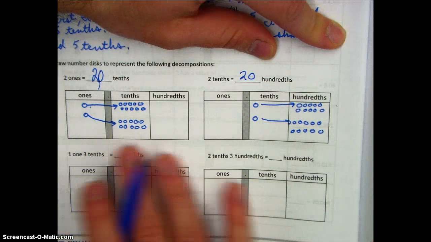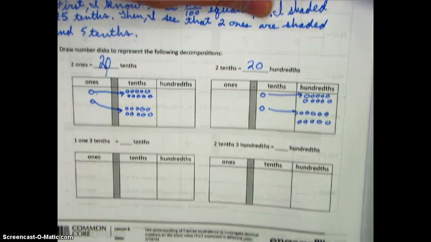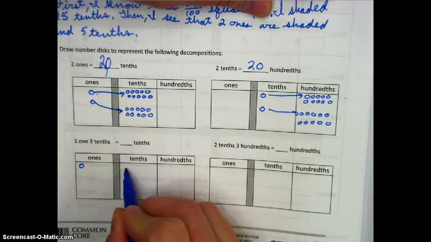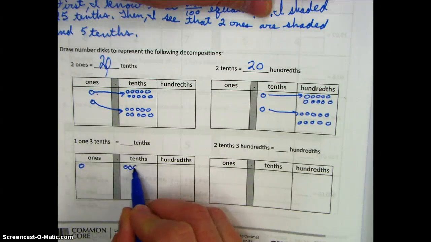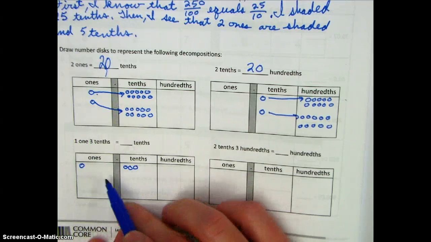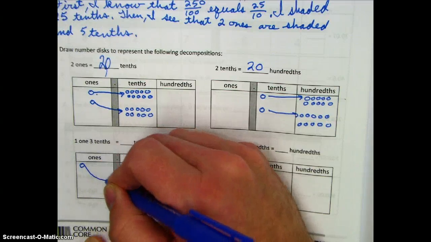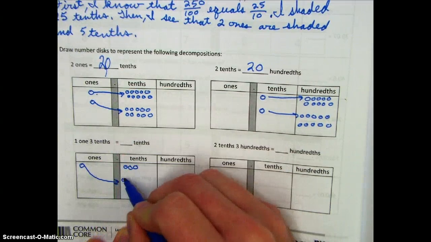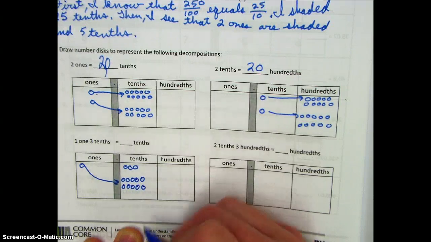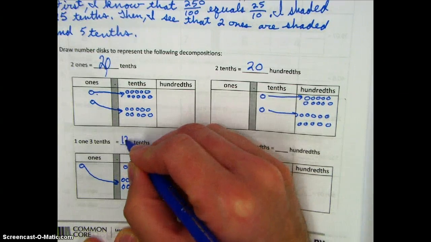Now we're going to get to some mixed units here. So for our next one, we're going to have 1 one and then 3 tenths. So we need to know now how many total tenths this would be. So now we need to take our 1 one and decompose that. And now you can see we have a total of 13 tenths.